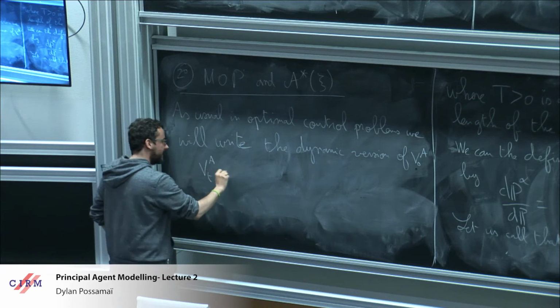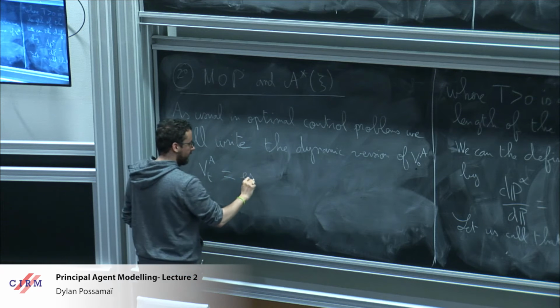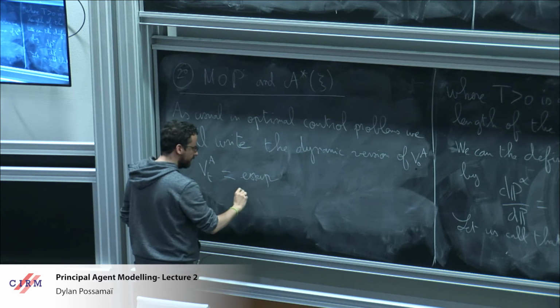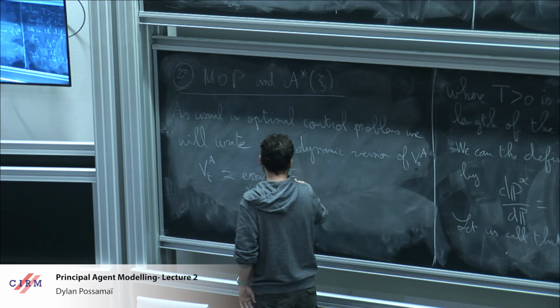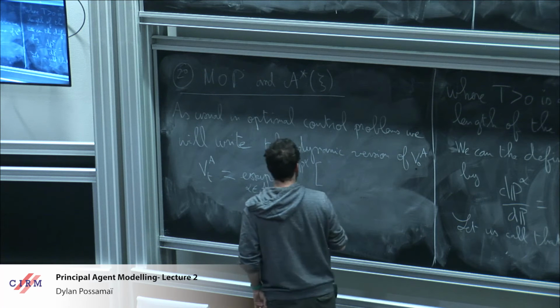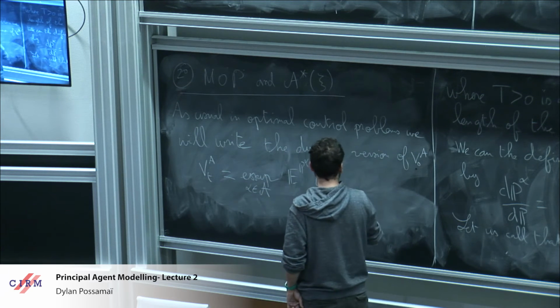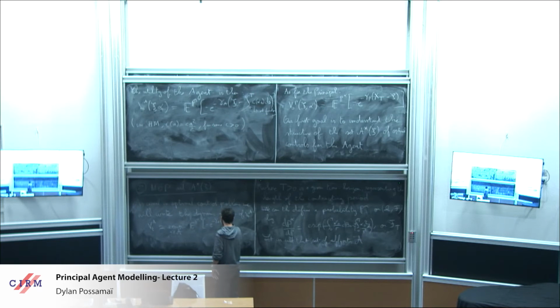So what I will call Vt of A, this is simply the essential supremum over alphas of almost exactly the same thing as before, except that now I'm accumulating costs starting from small t instead of 0. And then, because I'm sitting at time t, I have access to information, so I'm conditioning this on Ft.